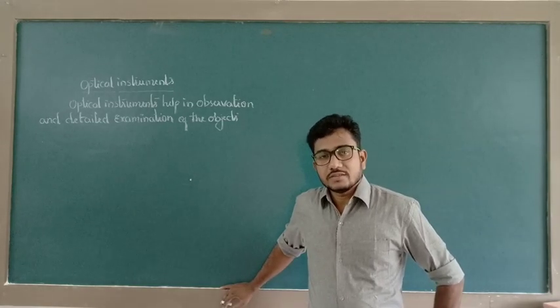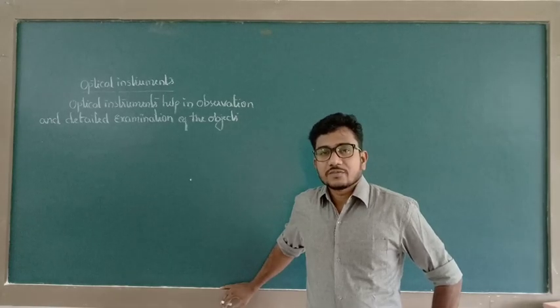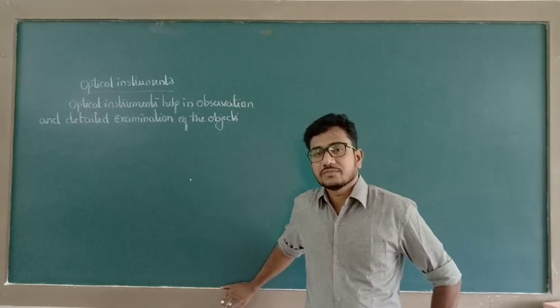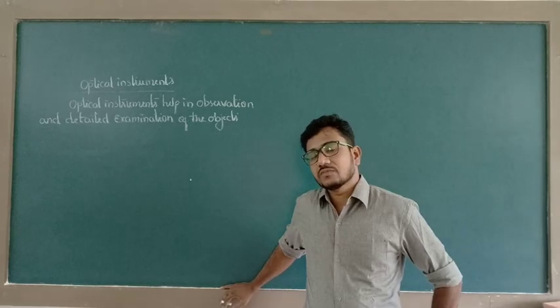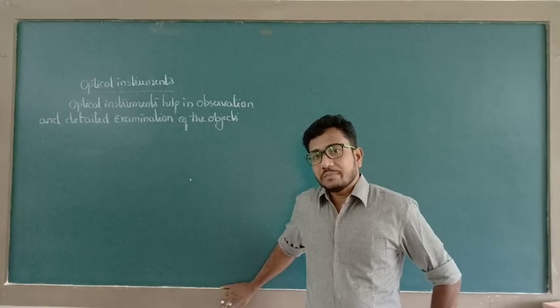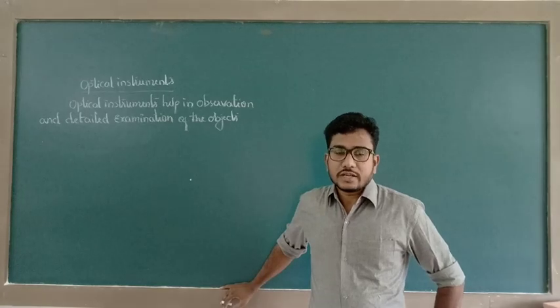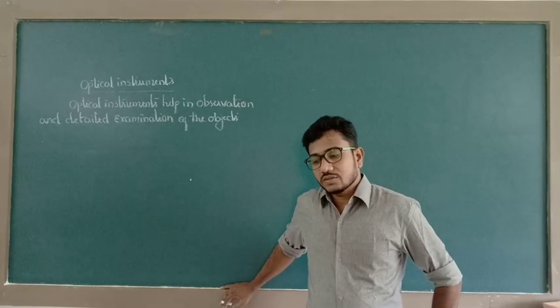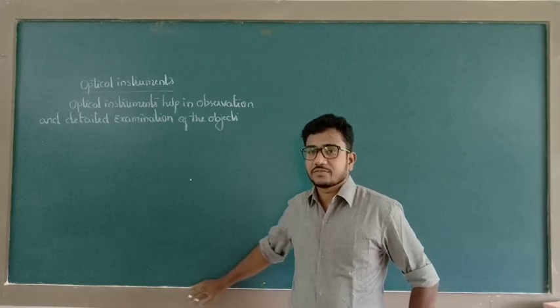It acts like a simple microscope, because a watch, it may be a wrist watch or a wall clock, while repairing it they use a convex lens or magnifying lens.